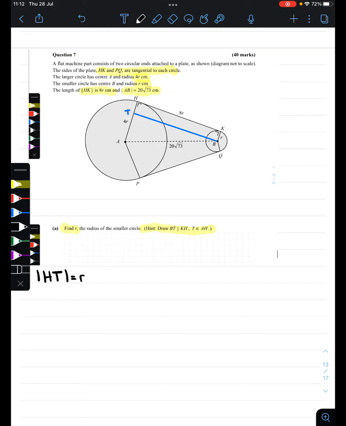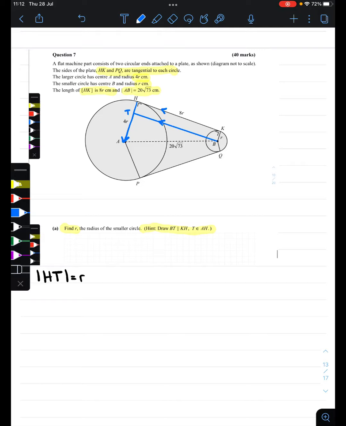Okay, and we also know that since BT and HK are parallel, this line here cuts through the parallel lines, so we call it a transversal.